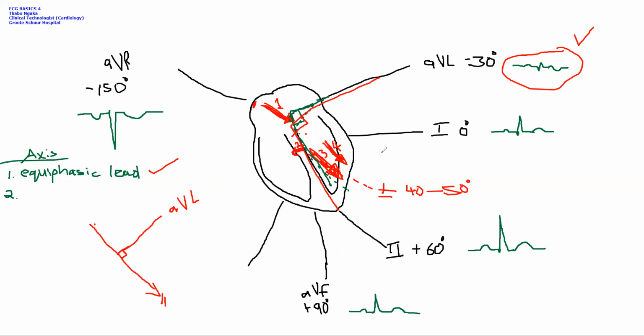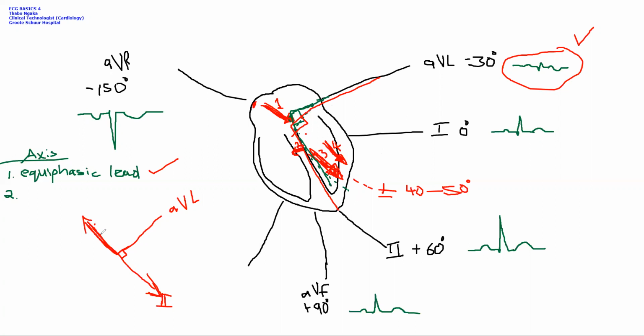Now, because lead 2 is perpendicular to AVL, we're going to look at the deflection of the R wave in lead 2. Because this impulse could either be moving that way or this way. If it's moving that way, we're looking at vector 3, by the way.